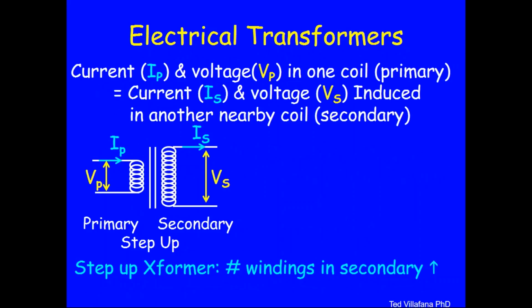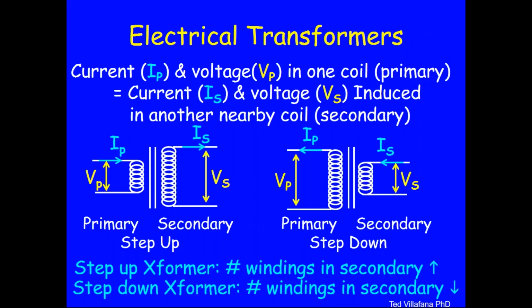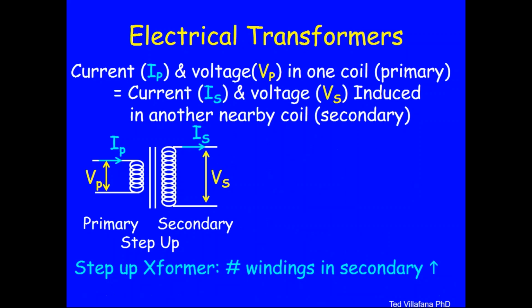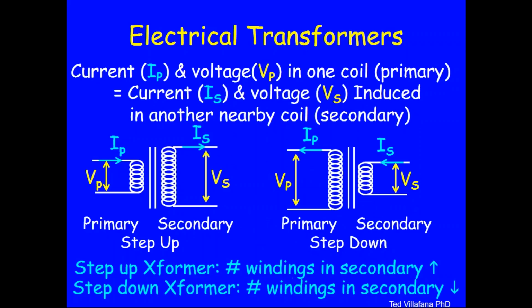And here is a complete setup with the terminology, the current and the voltage primary, the current and the voltage secondary, and for a step-up transformer I show more turns in the secondary. Now it works in the opposite direction as well. If you want a step-down transformer, you go down in the number of turns in the coil.